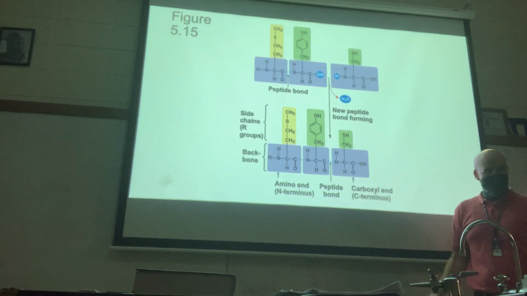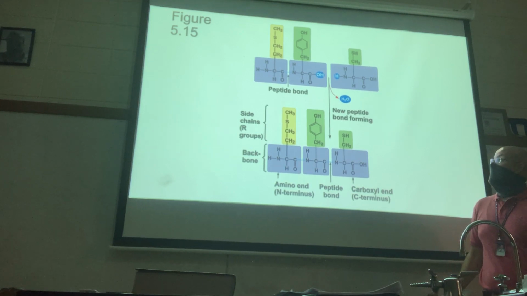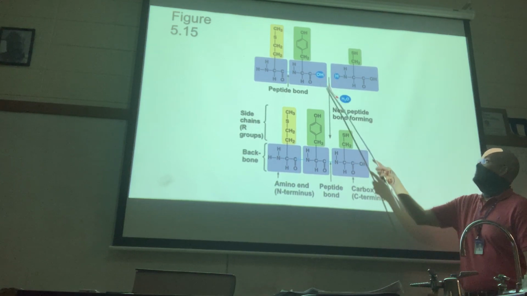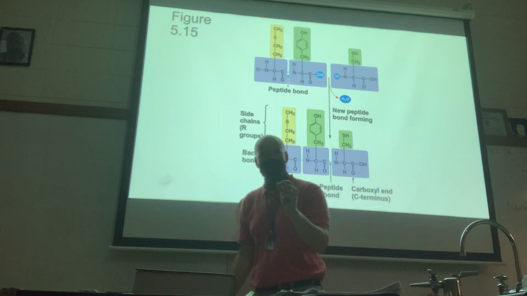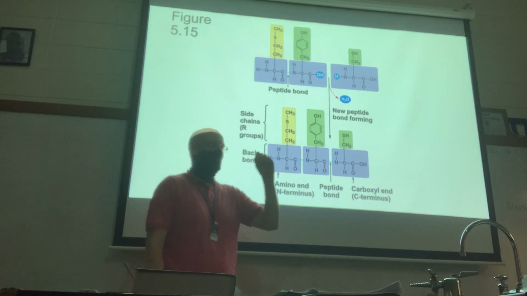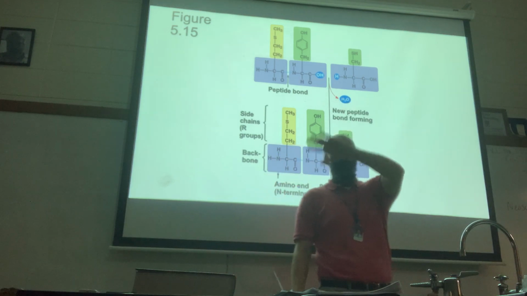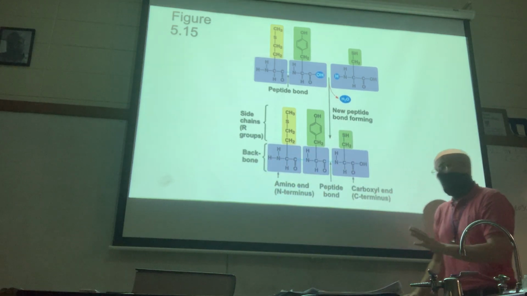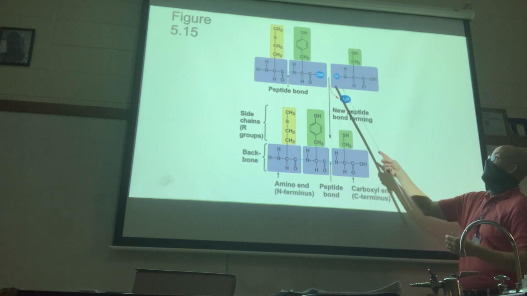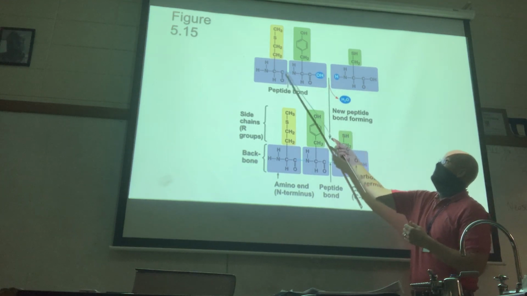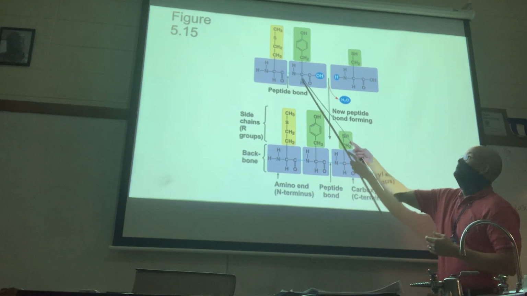Yes, it's a dehydration reaction. That's right. This is what we do to get monosaccharides to stick together into polysaccharides. It's what we do to get fatty acids to stick to a glycerol molecule to make a molecule of fat. And it's what we have to do to get two amino acids to bond together.